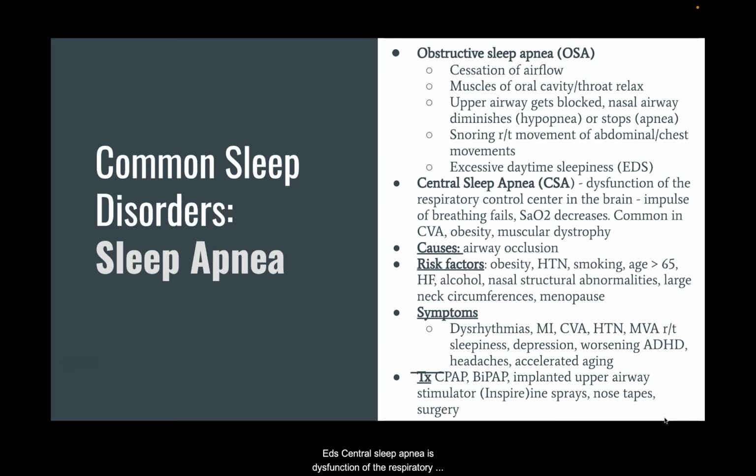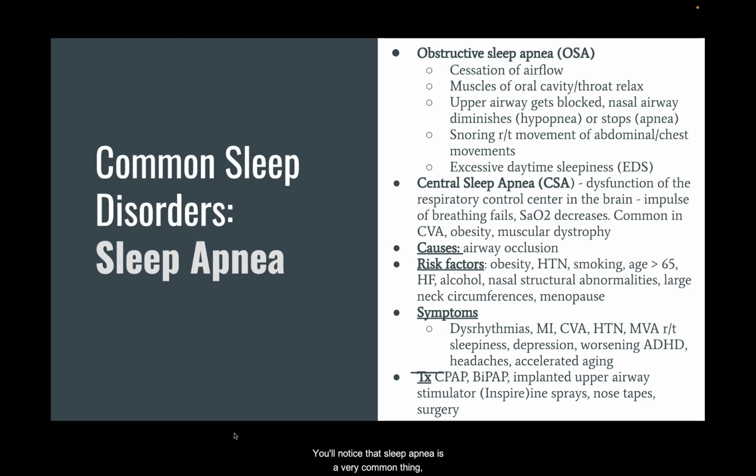Central sleep apnea is the dysfunction of the respiratory control center in the brain. Impulsive breathing fails, and oxygen saturation decreases. It's common in patients with strokes, obesity, and muscular dystrophy. The cause of sleep apnea most commonly is airway occlusion. Risk factors include obesity.